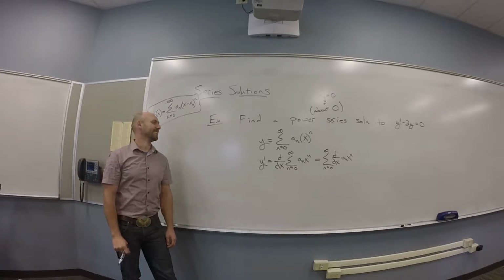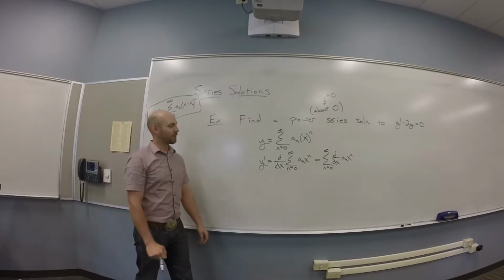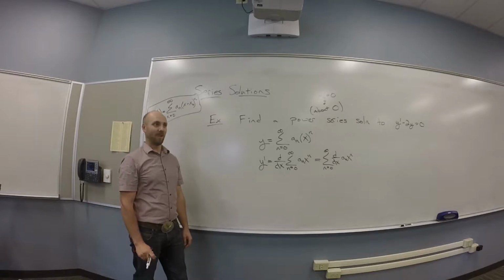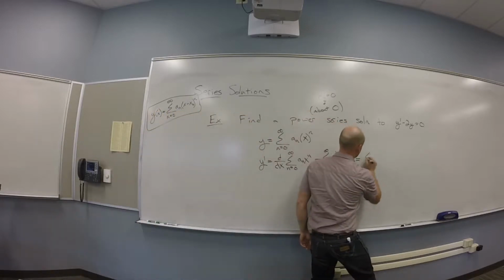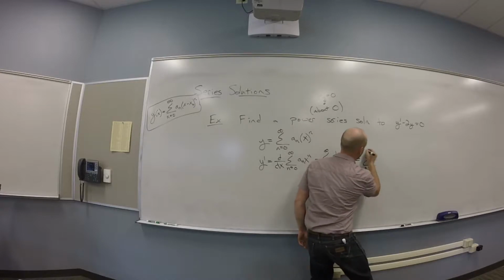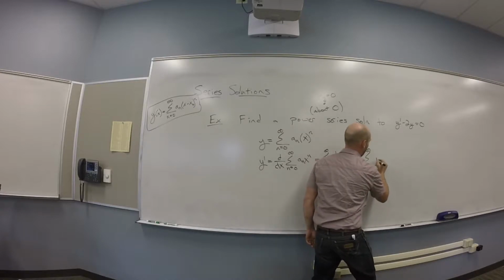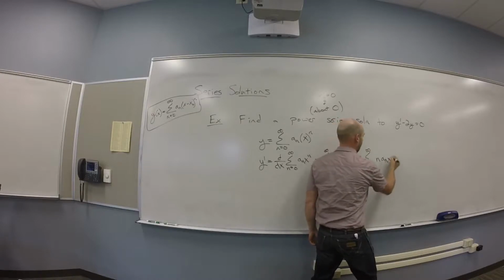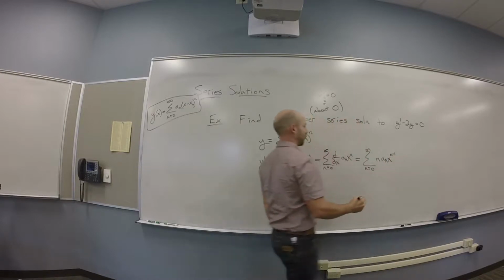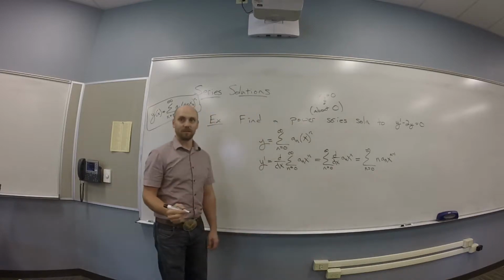Okay. So when you differentiate this, what do you get? Okay, so you get the sum from n is 0 to infinity of n a_n x to the n minus 1. Guys all good with this?